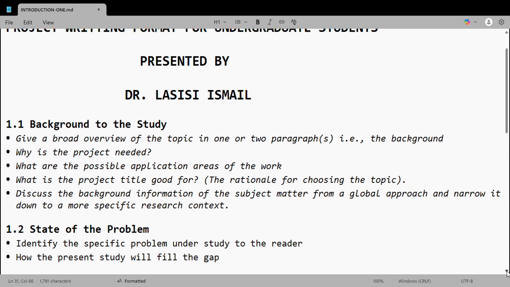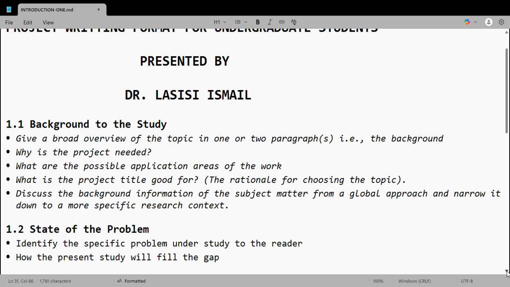The student should be able to identify the specific problem of the study to the readers. You should be able to inform the reader of the specific problem, and present a study that will fill that gap.